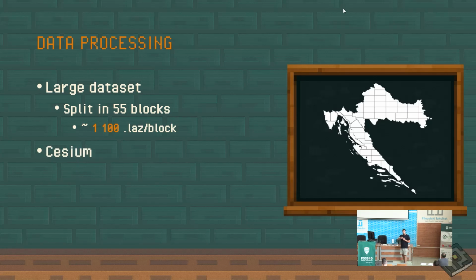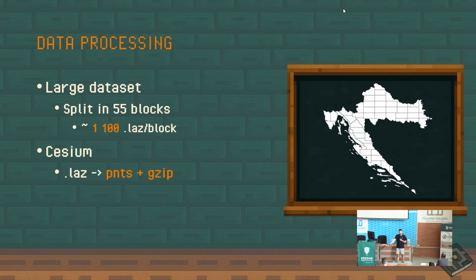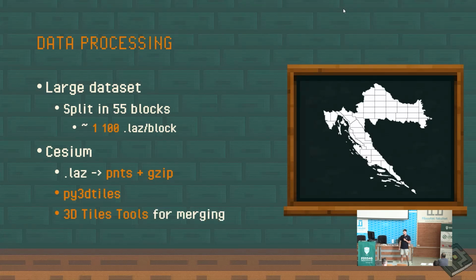To get from LAZ to Cesium, we had to convert to PNTS files, and we also decided to compress them in order to save on space. To do the conversion, we used py3dtiles, and later on we used 3d-tiles-tools to merge all of the 55 blocks into a single point cloud.